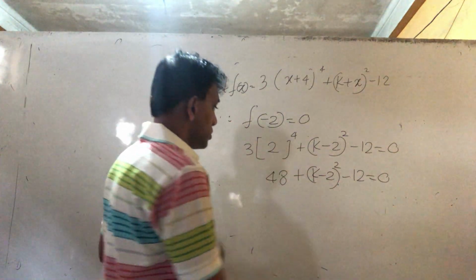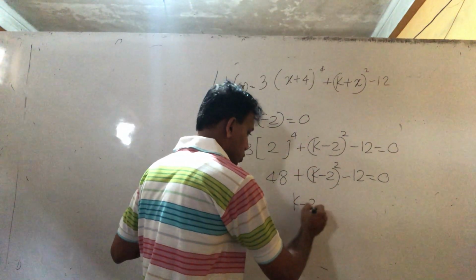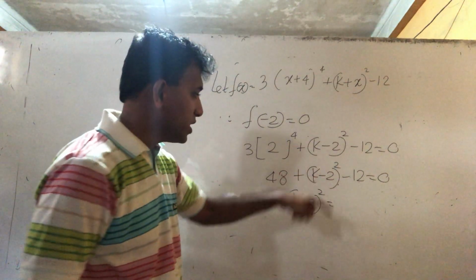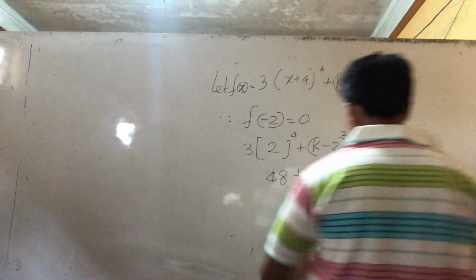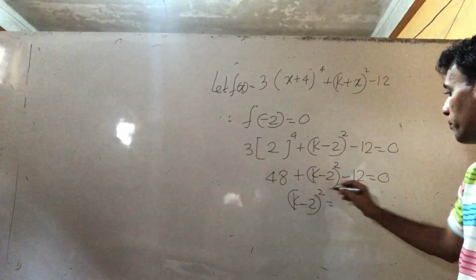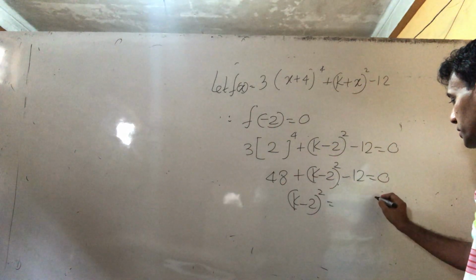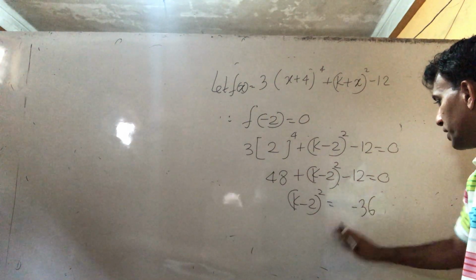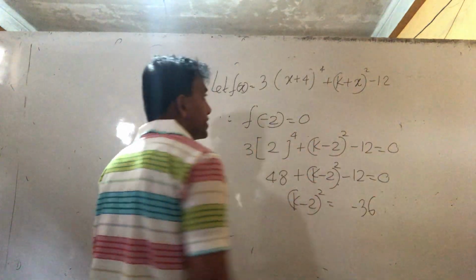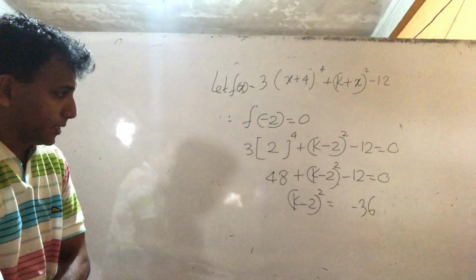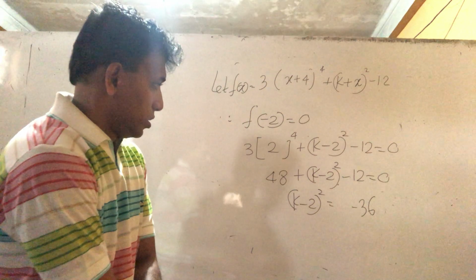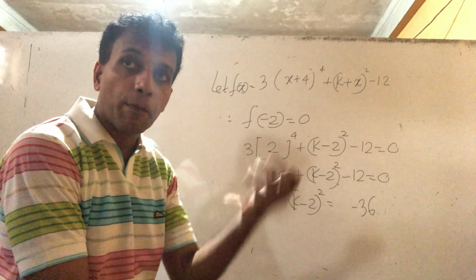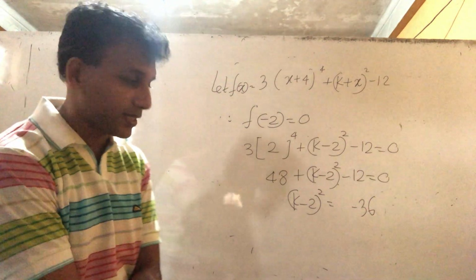Okay. Then what is that? k minus 2 square equal to 48 minus 12, that is negative 36. Is it negative 36? Yes, negative 36, right? Okay, there's the solution. You can leave this; later it becomes a complex number, imaginary answers.